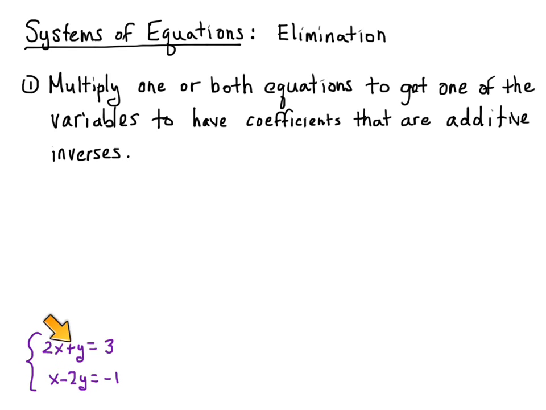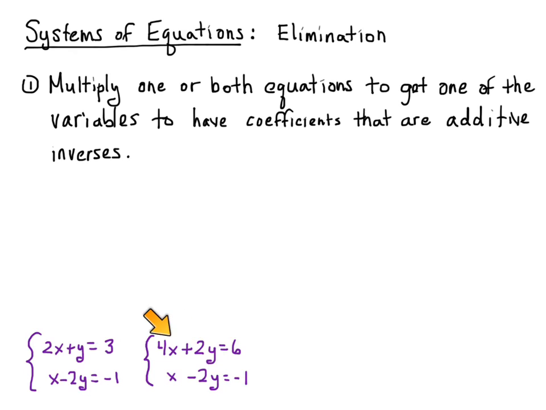So in this case, I'm going to multiply the first one by 2. If I multiply the first equation by 2, I get 2 times 2 is 4, 2 times 1 is 2, and 2 times 3 is 6. So this first equation transforms into 4x plus 2y equals 6.